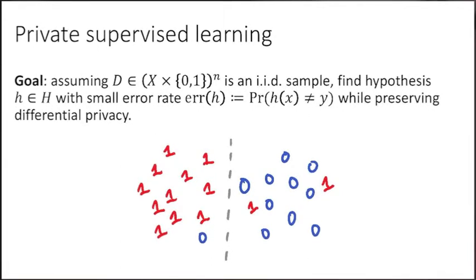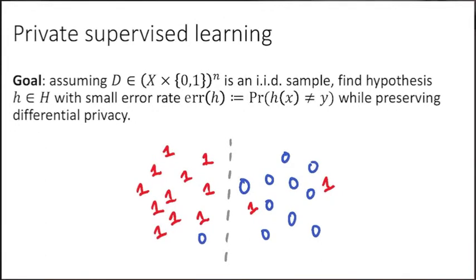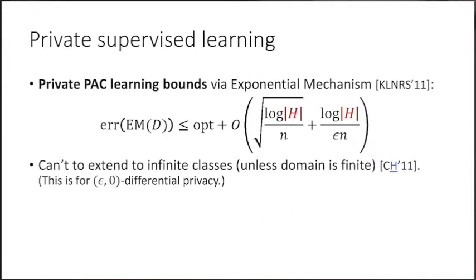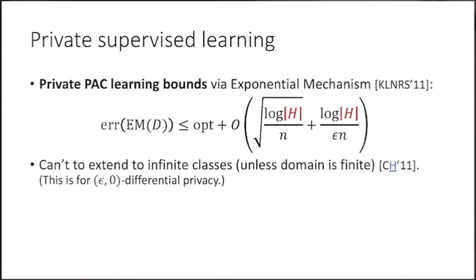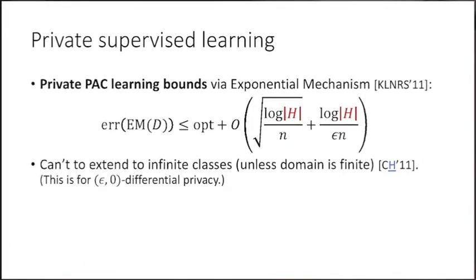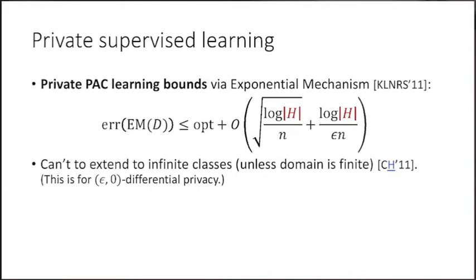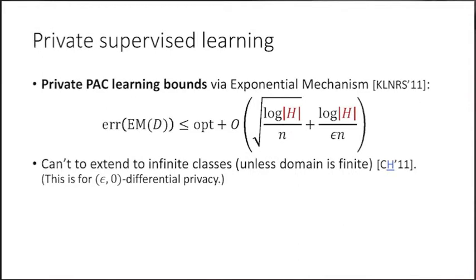One of the earliest papers that addressed this problem proposed using the exponential mechanism, as you might expect. First of all, this only works when you have finite hypothesis classes, and you get what you might expect: the error of the hypothesis you return is almost as good, within some distance of the optimal that you could get.